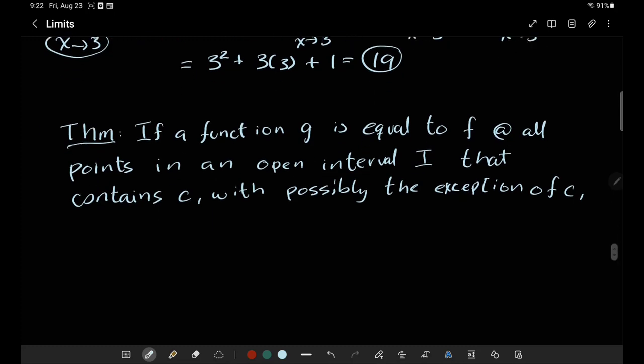So the functions are equal at all points with the possible exception of that C. Everywhere else on that interval, they're the same.